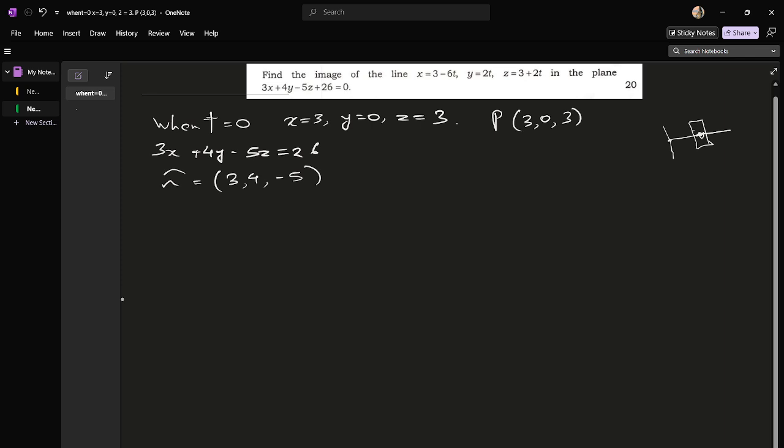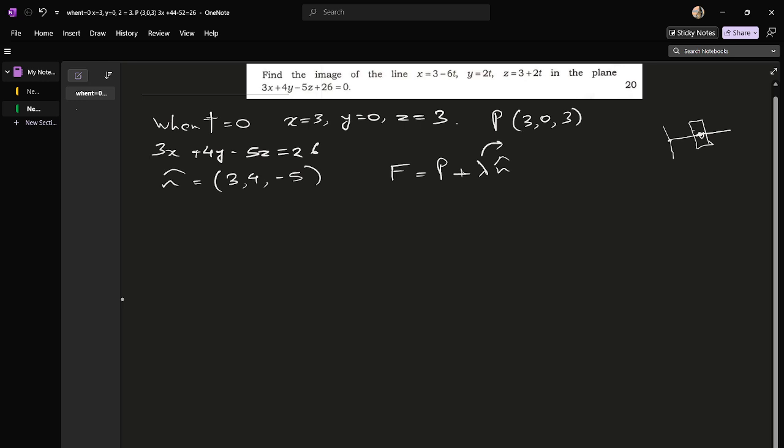The formula to calculate the foot of the perpendicular is f equals p plus lambda n cap, where lambda is a scalar and we need to find the value of lambda.